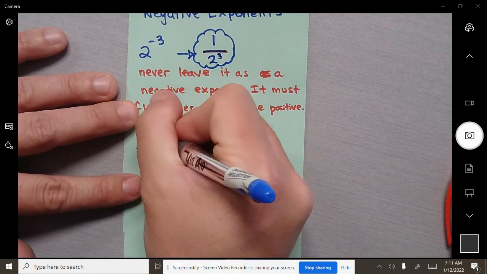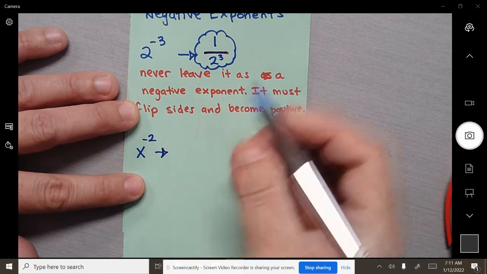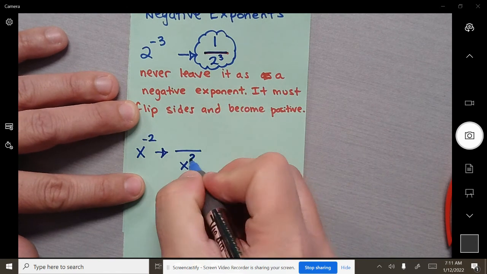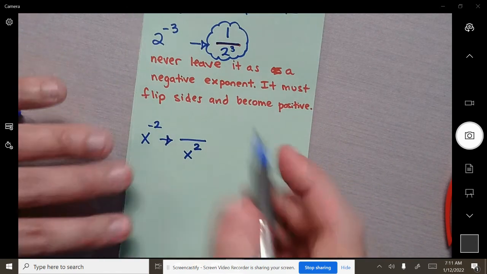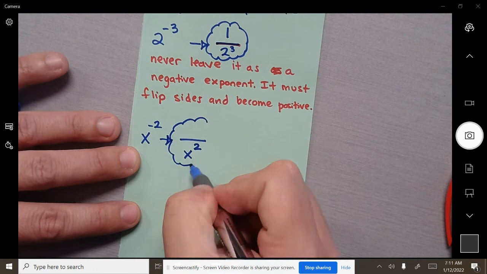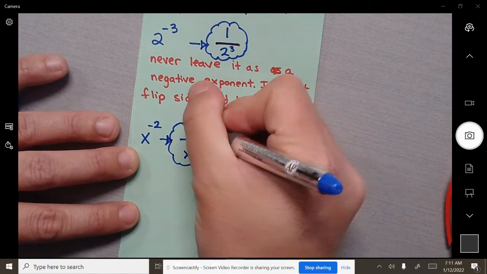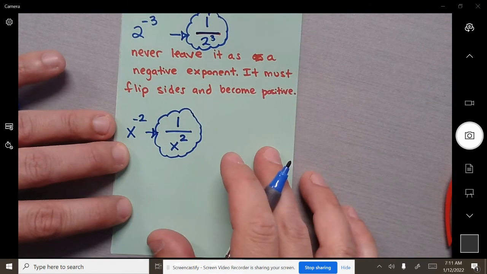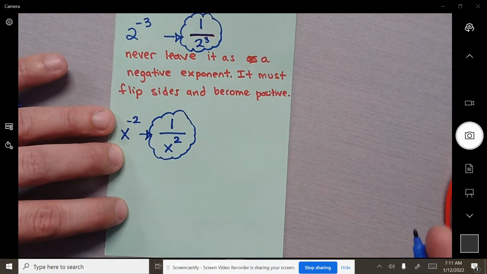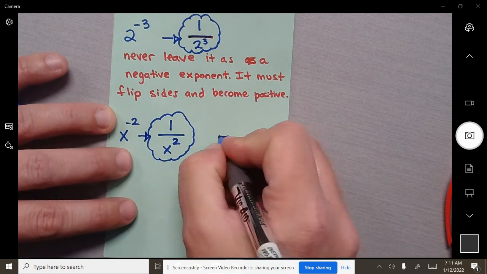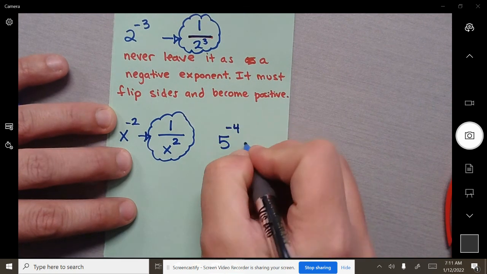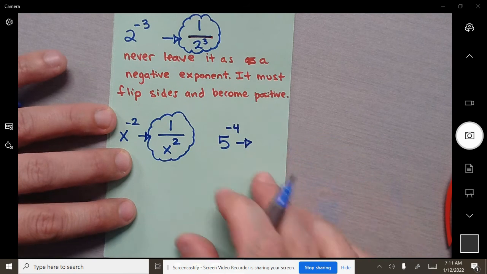x to the negative 2, flip sides, becomes positive, but you can't leave it alone. It has to have a 1 on the top holding it together. What if it's... All right, same idea.